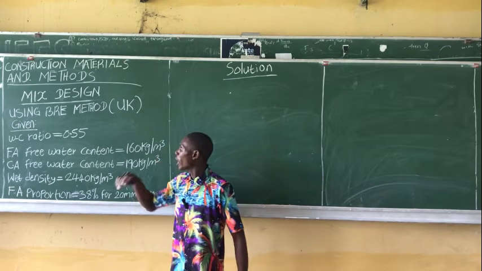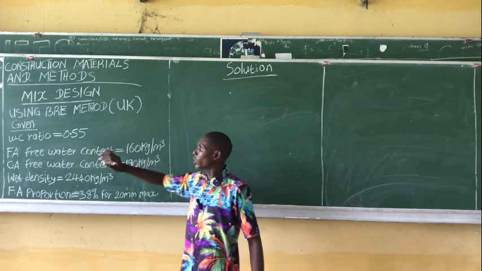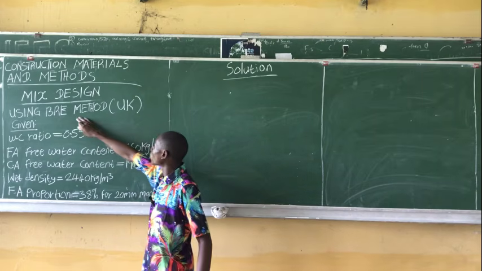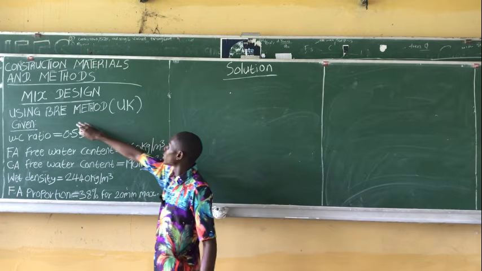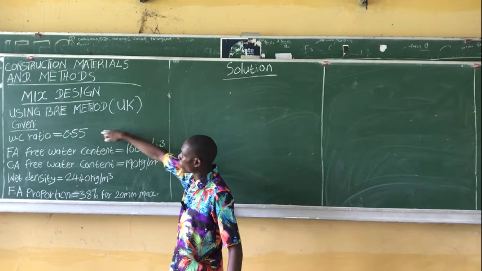Okay, so whenever we are given this problem, the first thing we do is to get down our parameters. The question says using BRE method, which is Building Research Establishment method, and it was derived from the UK.